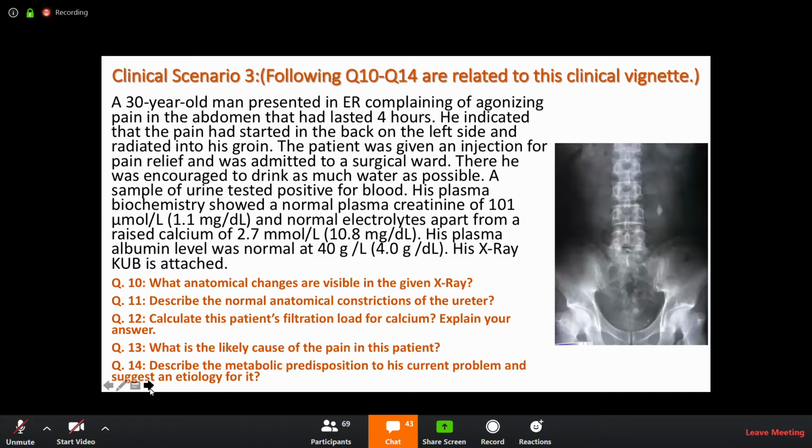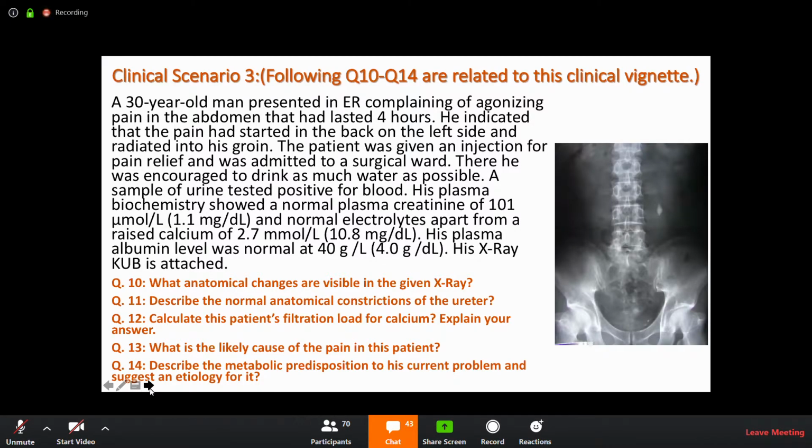Because we're not given inulin, we're not given creatinine, but we are given the normal plasma creatinine value, which is normal, 1.1. And if you remember back to my lecture on using plasma creatinine as a marker of GFR, you would remember that around 1.1 milligrams per deciliter equates to about 125 milliliters per minute.